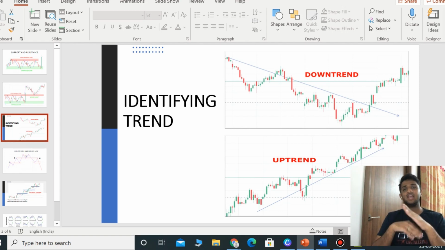In an uptrend you see prices going higher and higher, and many people buying at that position. The same happens with a downtrend, with resistance as the main point.